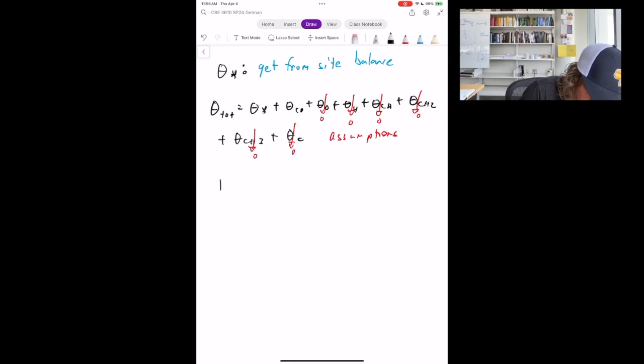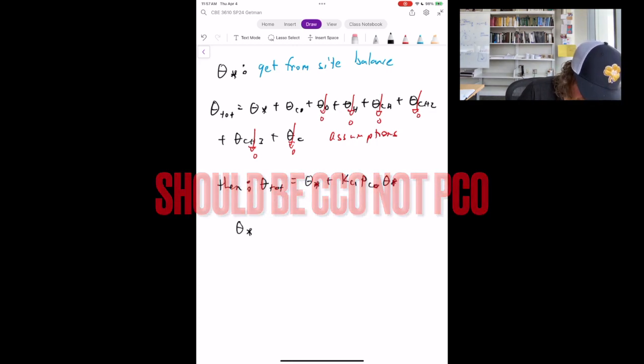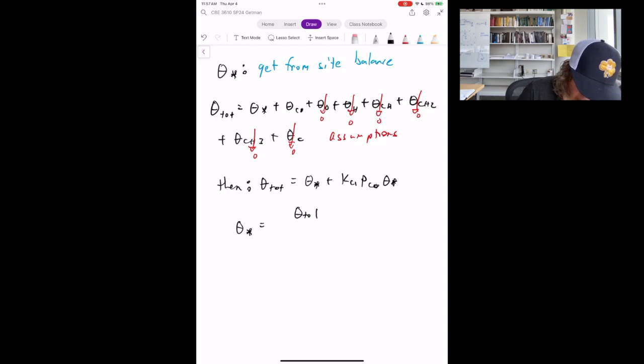So then theta tot is equal to theta star plus KC1 PCO theta star. So then I can say theta star is equal to theta tot divided by 1 plus KC1 PCO.